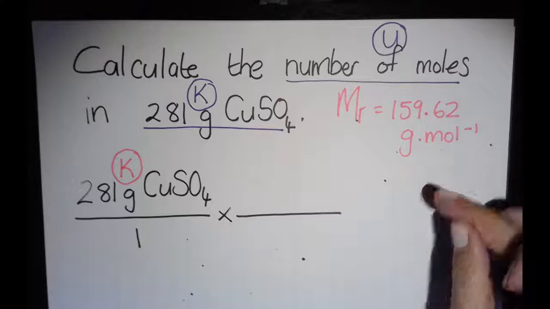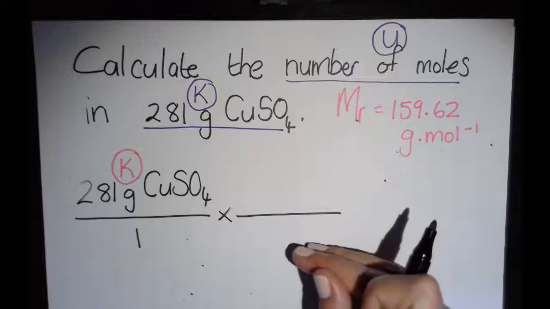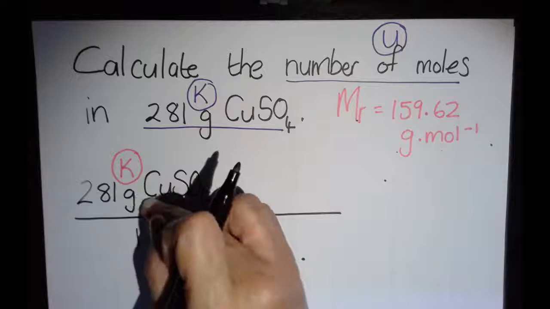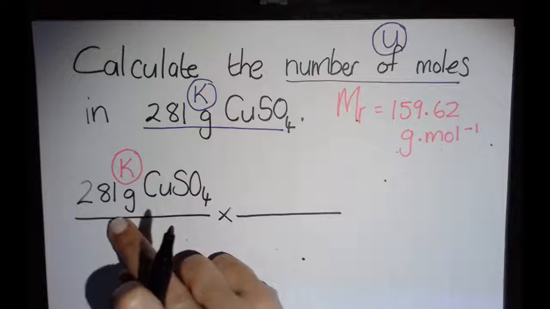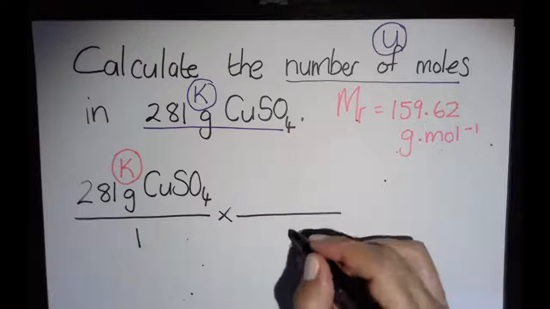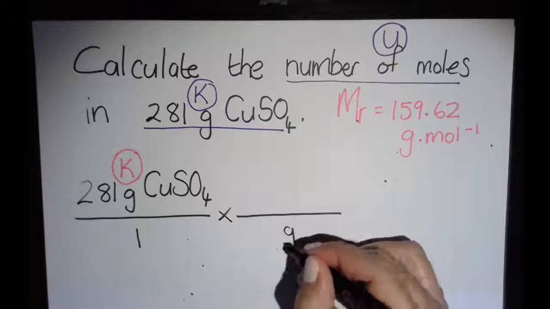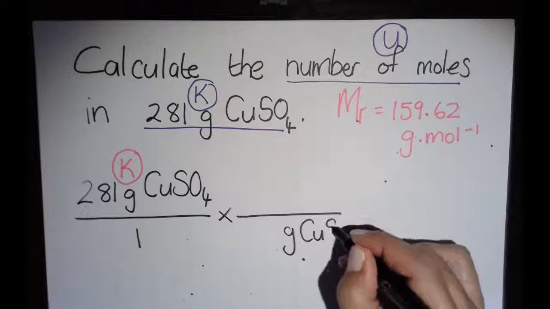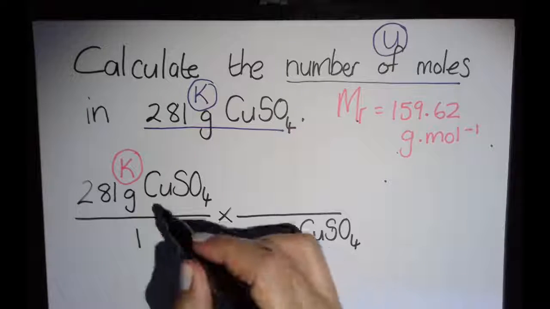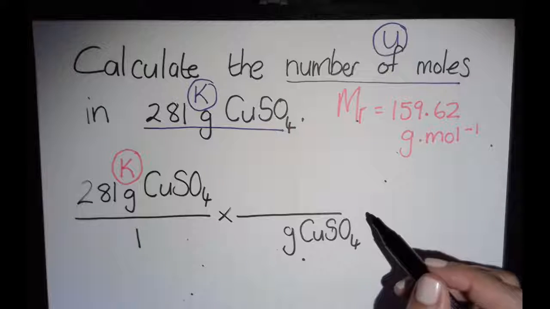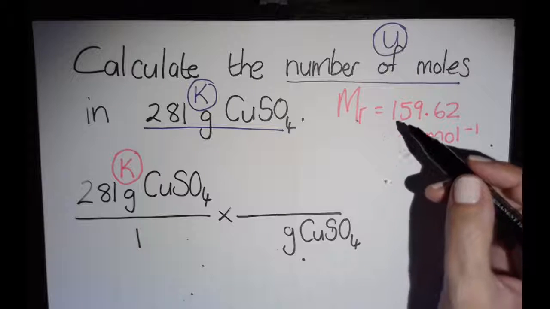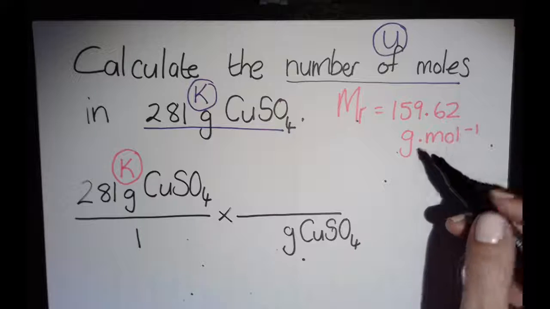How I write it, which one is at the top and which one is at the bottom, is determined by what is given to me. So if the given is mass, grams of copper sulfate, it means I have to have grams of copper sulfate at the bottom, because I need the grams of copper sulfate here to cancel out the grams of copper sulfate there. So how many grams of copper sulfate do I have?